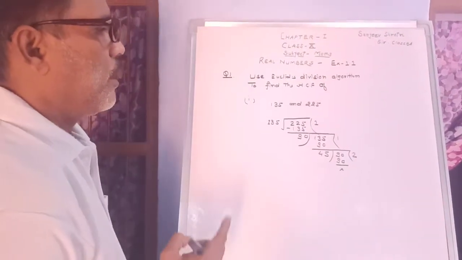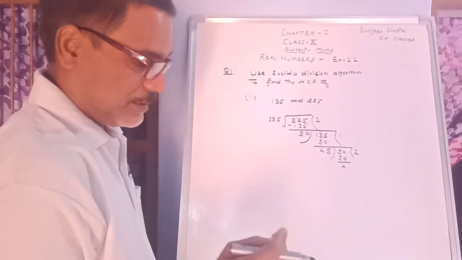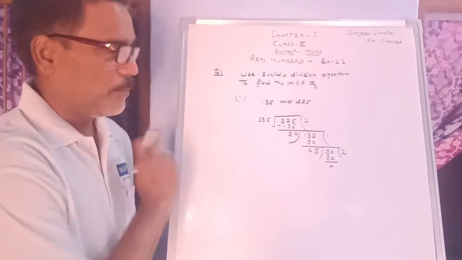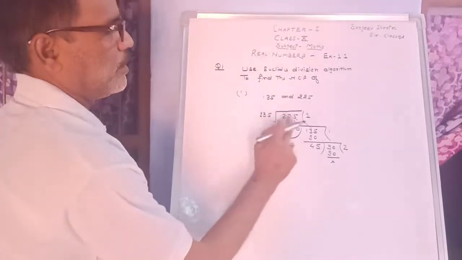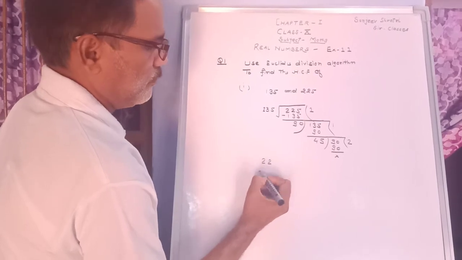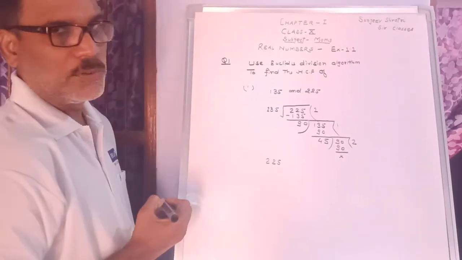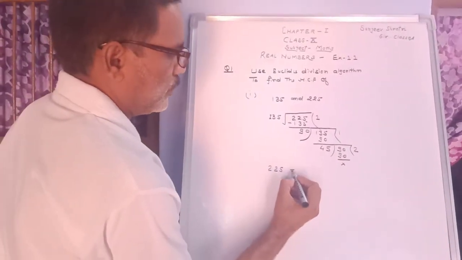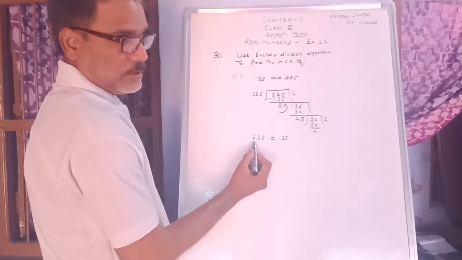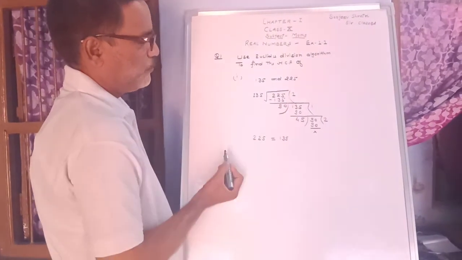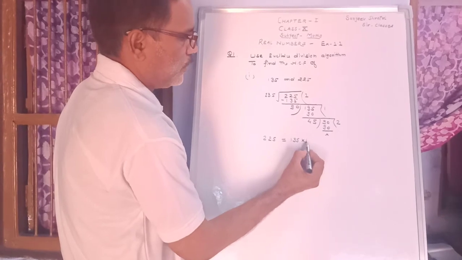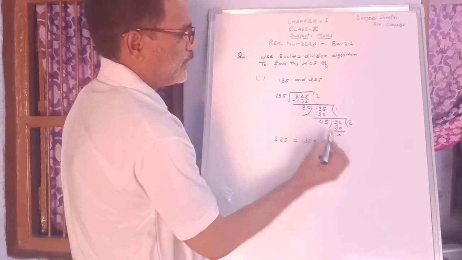Now we complete this question by using Euclid's division lemma. We write the first term 225, which is the dividend, and the divisor is 135, quotient is 1 plus remainder is 90.